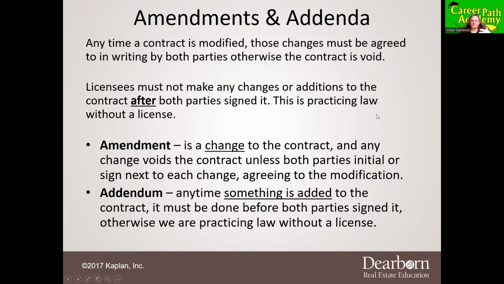Just think about politicians. They pass laws and they're constantly changing them. They're adding amendments to them, right? Licensees must not make any changes or additions to the contract after both parties have signed it. That would be practicing law without a license.